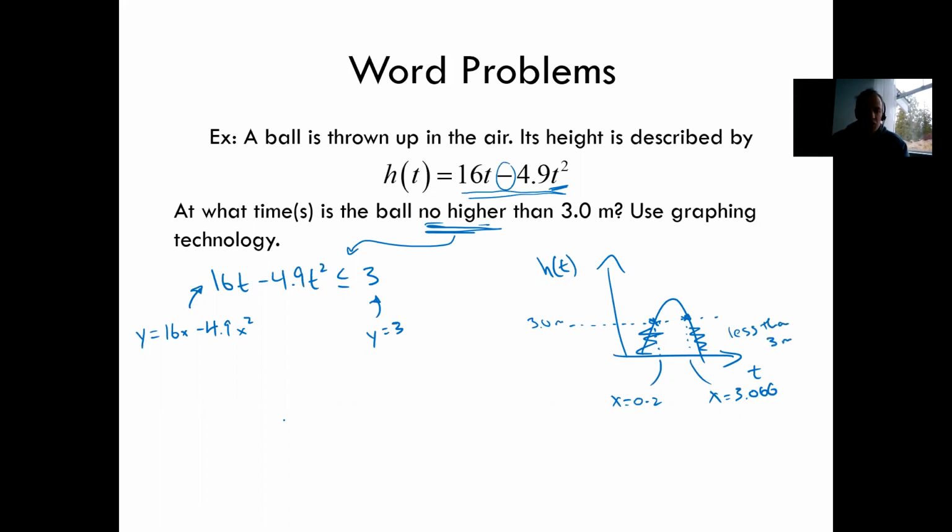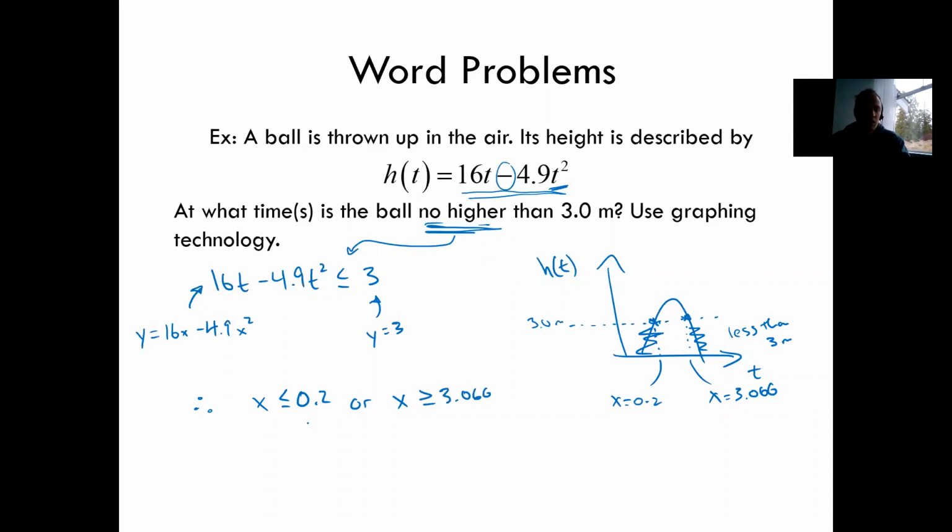So what I can say is this portion here and this portion here is less than 3 meters. So what I can therefore conclude is x is less than or equal to 0.2, because it's allowed to equal 3 meters high, or x is greater than or equal to 3.066.